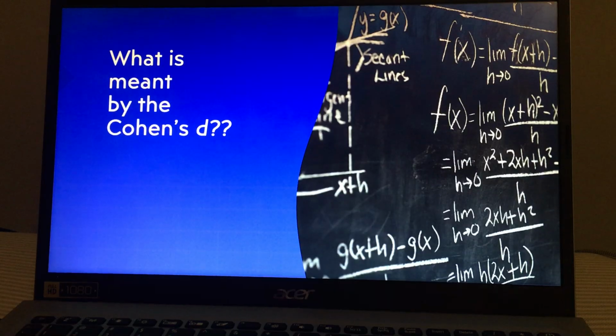By understanding and reporting effect sizes, researchers can offer more meaningful insights into their data beyond the binary outcome of hypothesis testing, for example, reject or fail to reject the null hypothesis, and only looking at statistical significance.